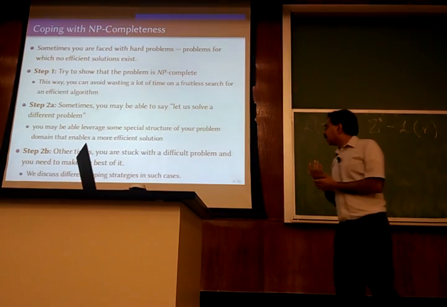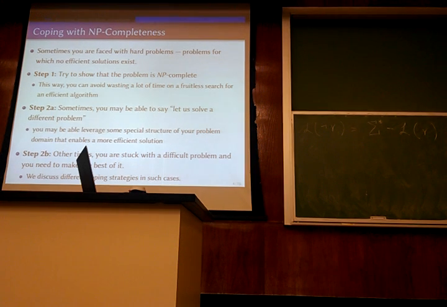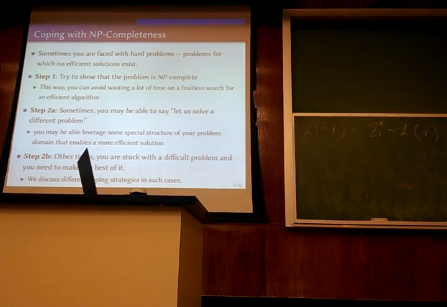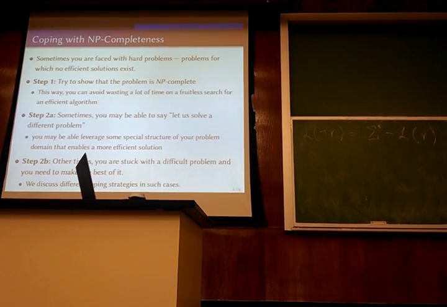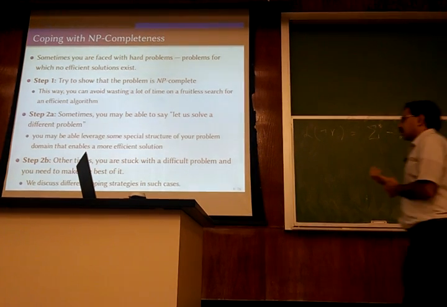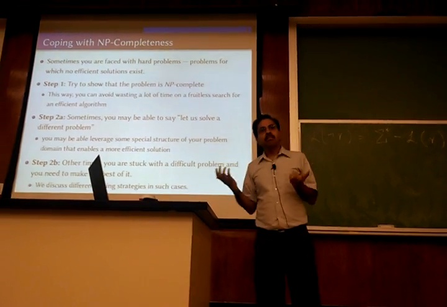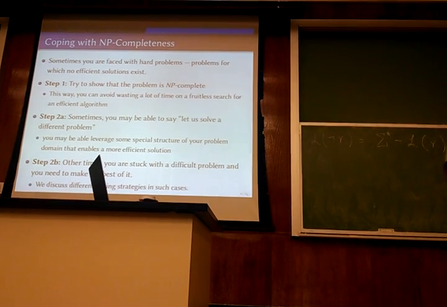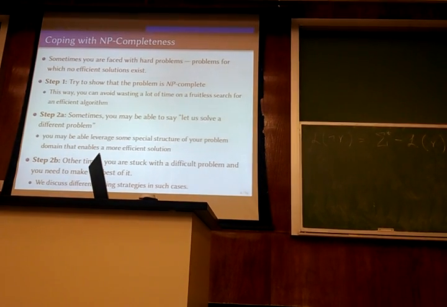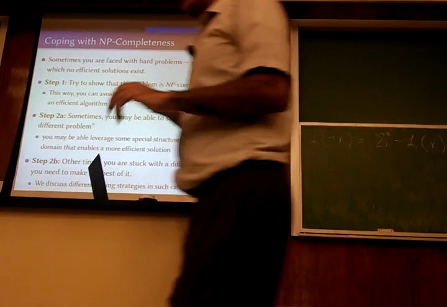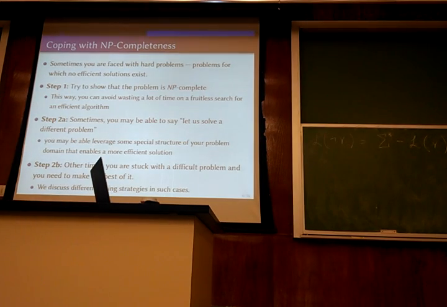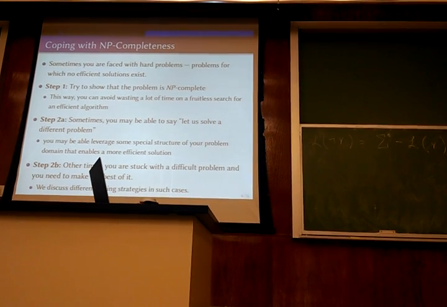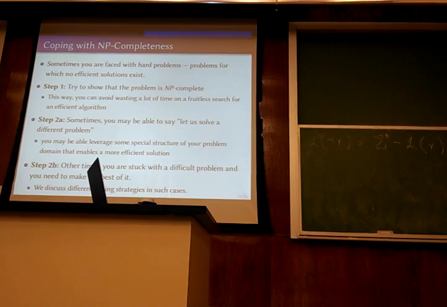In this chapter, we are not going to talk too much about step 2a. That's something you always need to think about, because formulating a problem is the biggest step in solving a problem. If somebody gives you an abstract problem, finding a solution to it is often easy enough, because there is enough knowledge out there.